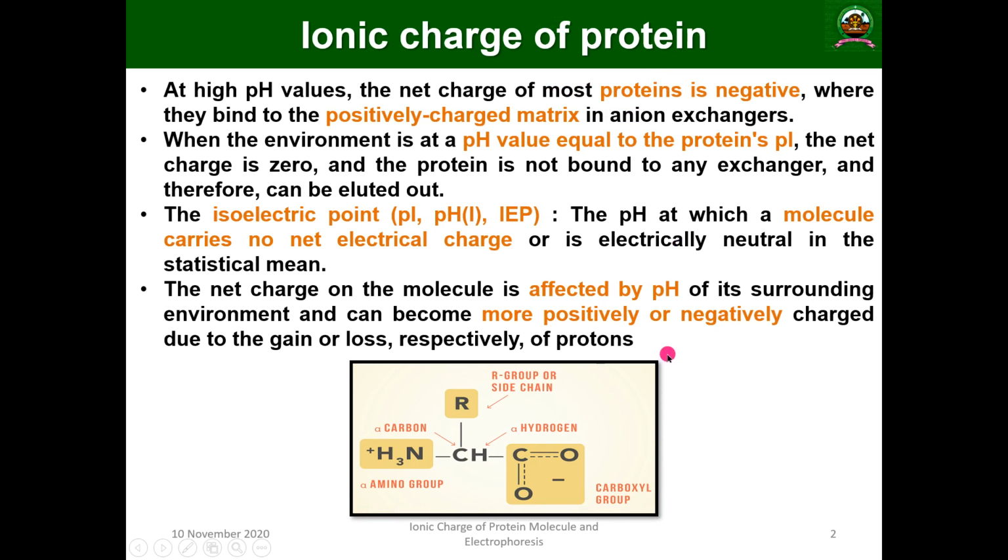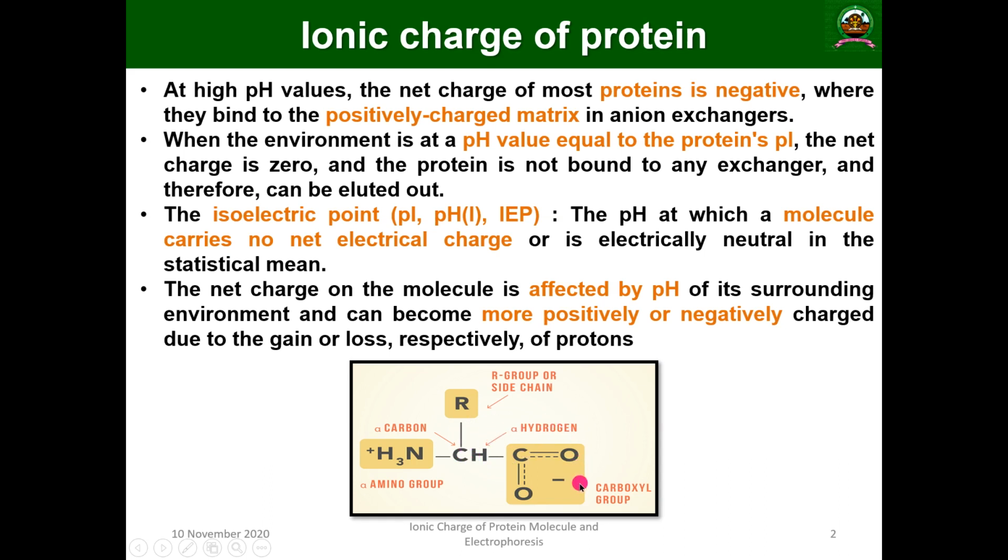A peptide molecule comprises amino acids, and the amino acid has 4 important parts. One is an amino group, next is a carboxylic acid group, next is the side chain R, and next is the hydrogen atom attached to the alpha carbon, known as alpha hydrogen.